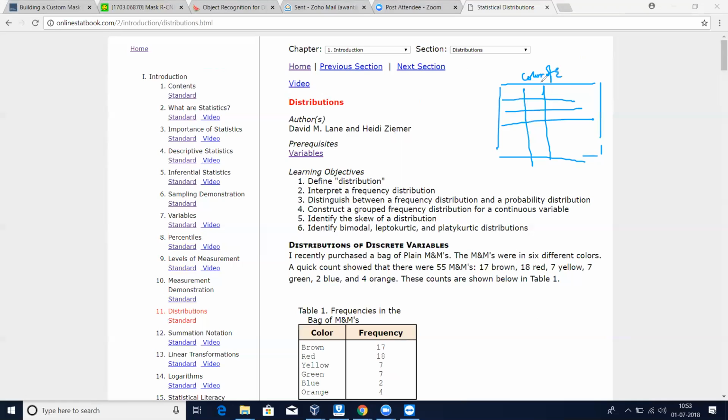The color of eye can be brown, red, or some other color. So you have some color of eye information.